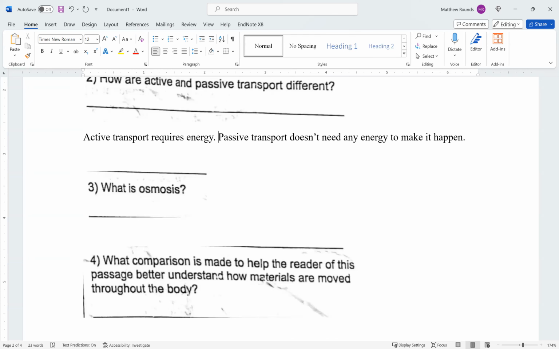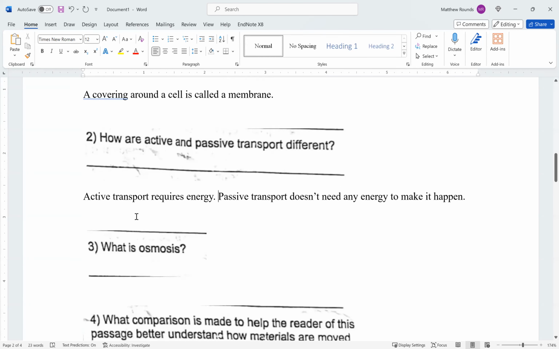Got it. All right. Can you read the third question?